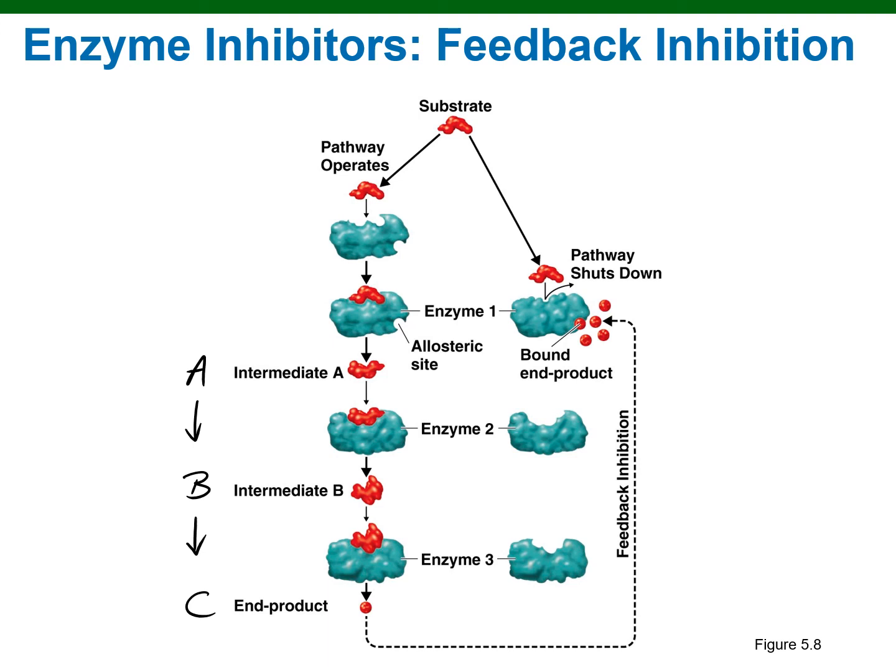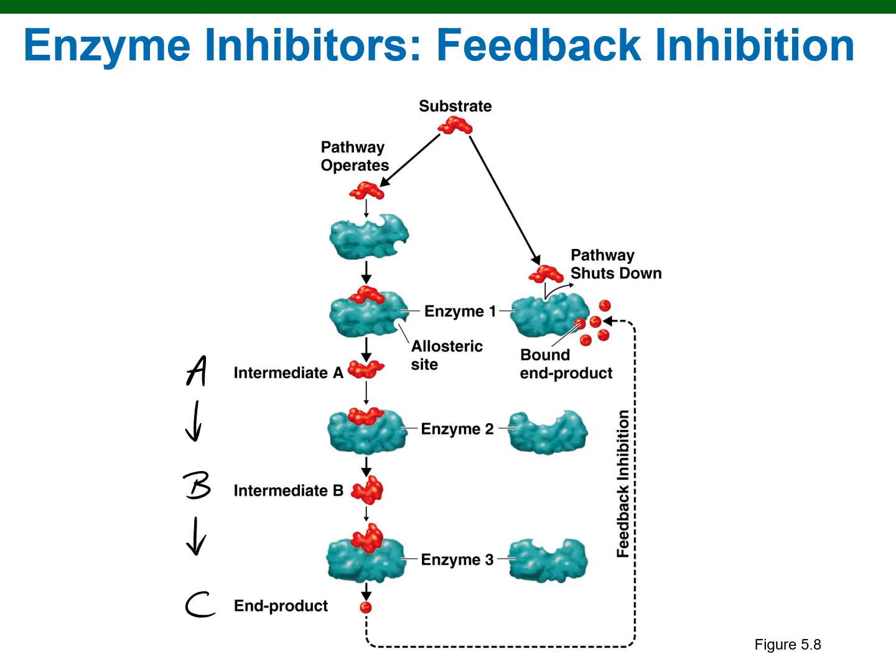And as this end product is produced, it will eventually meet or even exceed the needs of the cell. And this negative feedback loop mechanism occurs when end product C travels up and makes contact with the allosteric site.